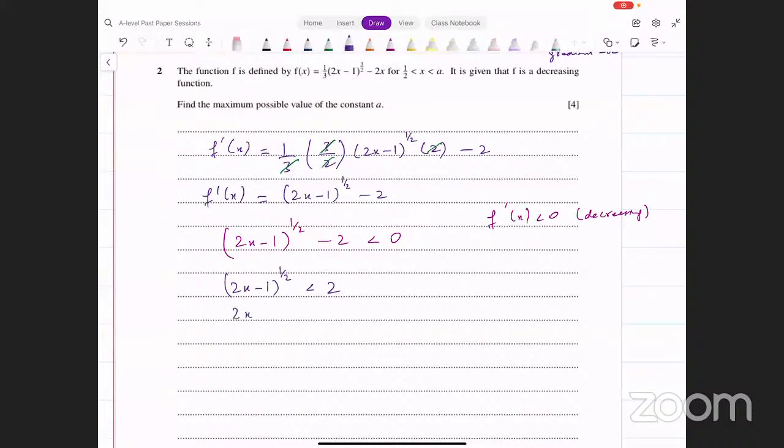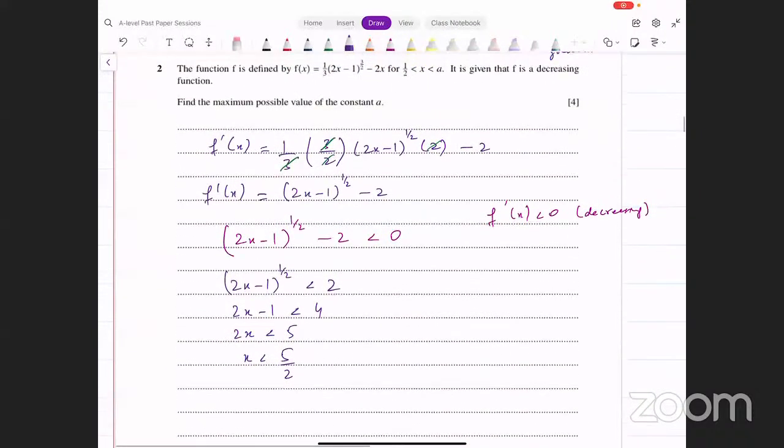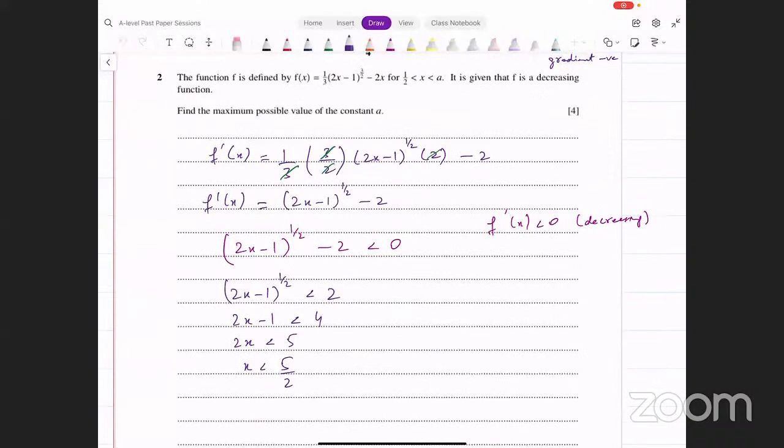Square लेंगे तो क्या आ गया हमारे पास? 2x minus 1, that's less than 4, and that gives us 2x less than 5 and x less than 5/2. x की value हमारे पास क्या आ गई? 5/2. Now this function is going to be a decreasing function when the value of x is less than 5/2. That's when it's going to be a decreasing function.